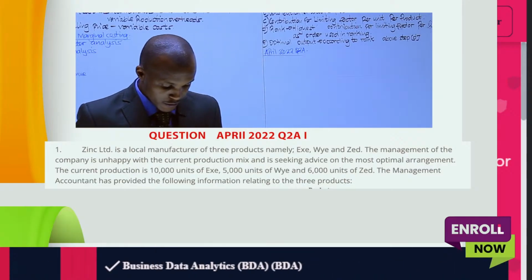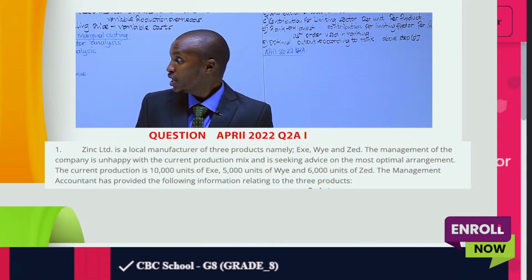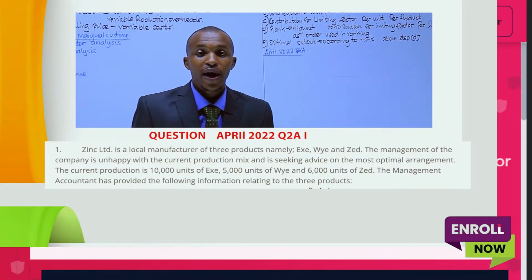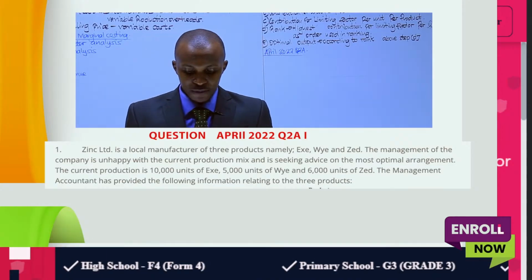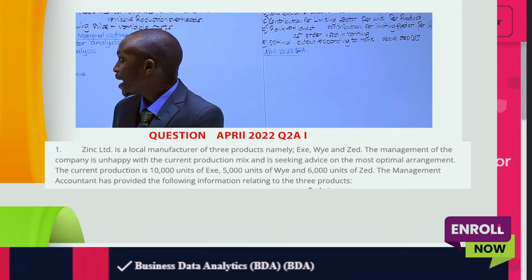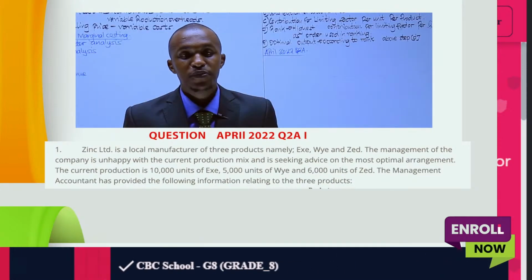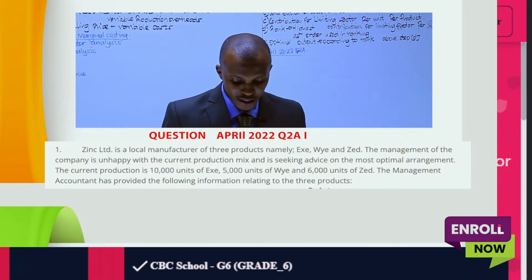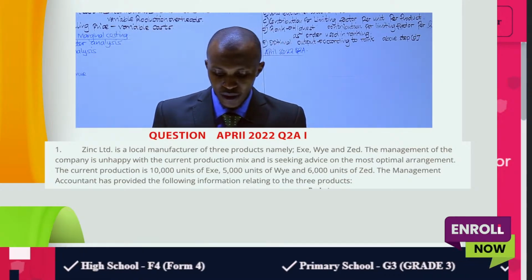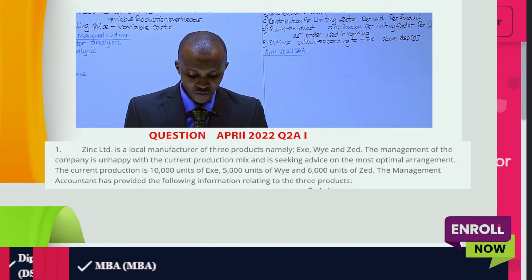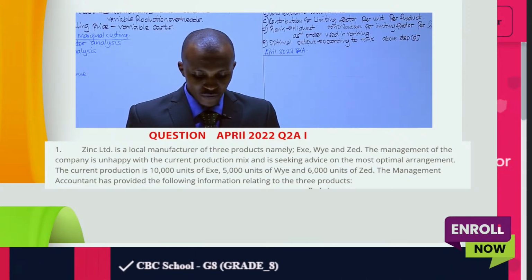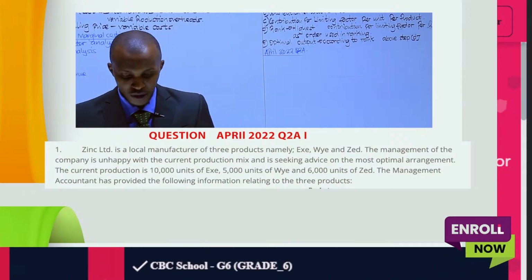The question states, Zinc Limited is a local manufacturer of 3 products, namely X, Y, and Z. The management of the company is unhappy with the current production mix and is seeking advice on the most optimal arrangement. The current production is 10,000 units of X, 5,000 units of Y, and 6,000 units of Z.